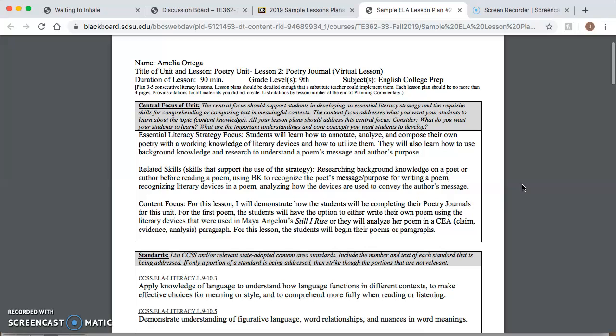And in this example, if we look at the content focus, they're talking about how students will be able to demonstrate their poetry journals for this unit. And also talking about for the first poem, students will have the options to either write their own poem using literary devices. And if you look at the very beginning, like the essential literacy strategy focus, students will learn how to annotate, analyze, and compose their own poetry.